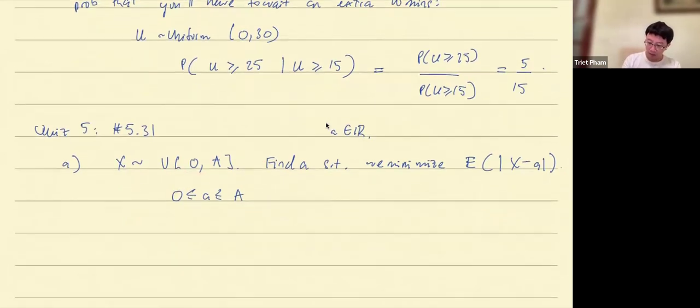So that much is clear. And then within that, what is the expectation of |X minus a|? Well, just apply the definition. It'll be the absolute value of X minus a. If X is less than a, then it's a minus X, with 1 over capital A for the density dx.